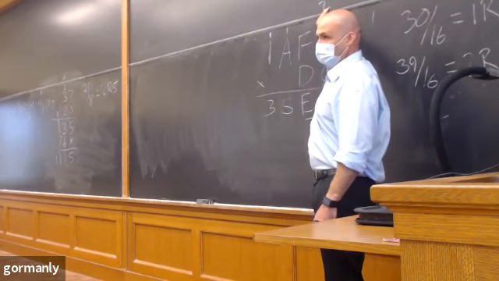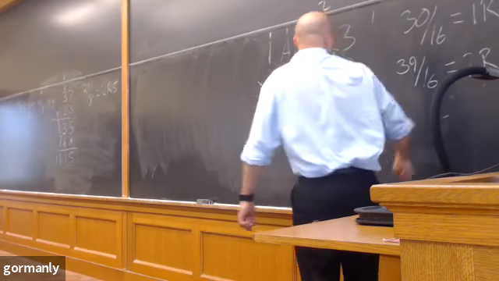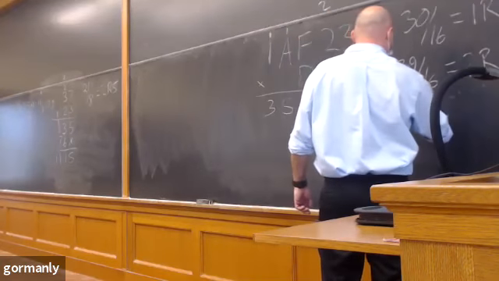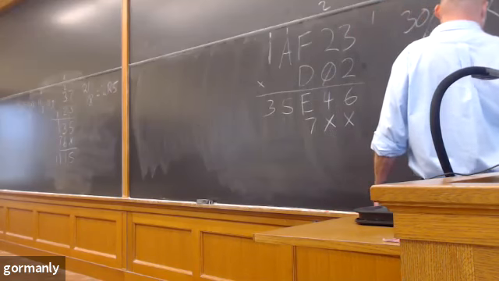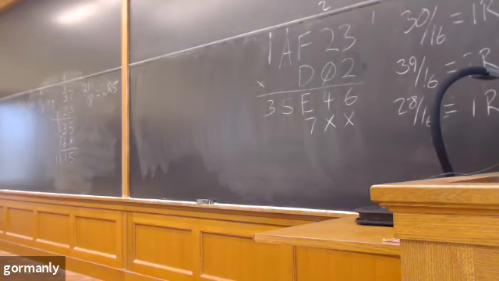Don't forget this, so 28. 28 divided by 16 is 1 with 12 left over.